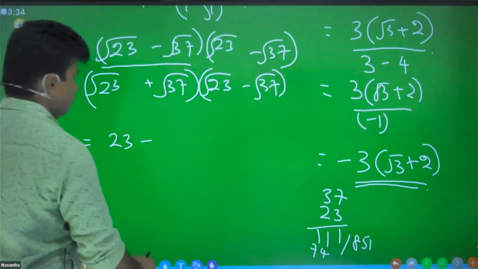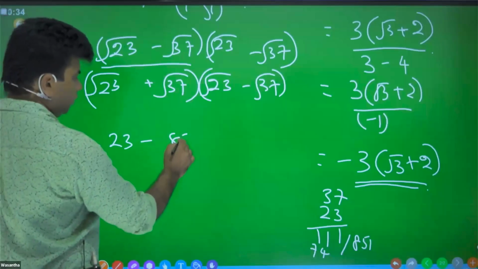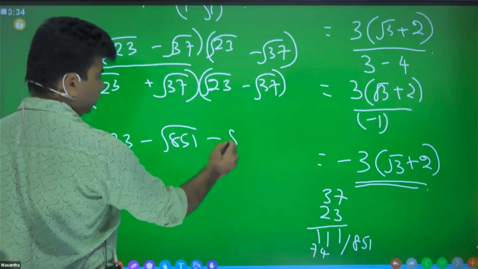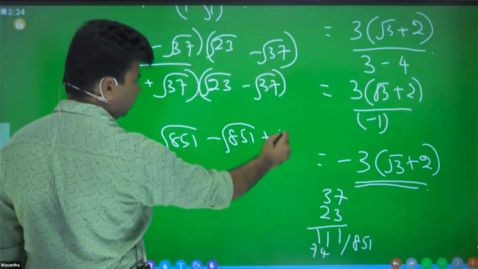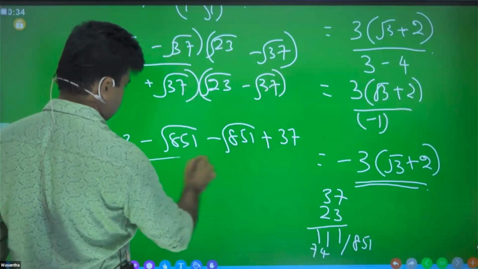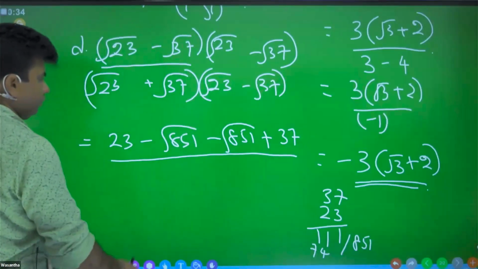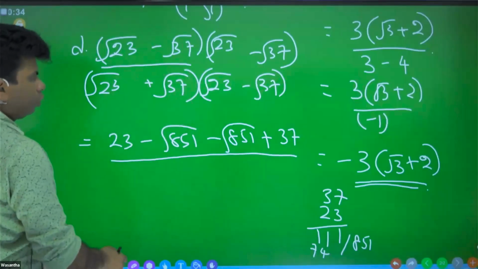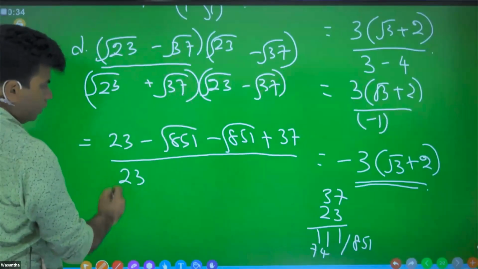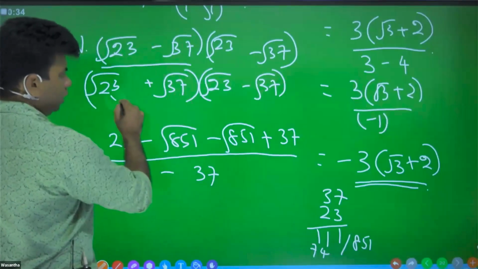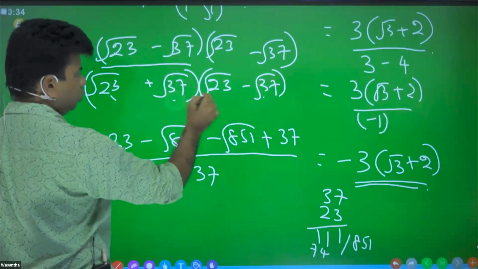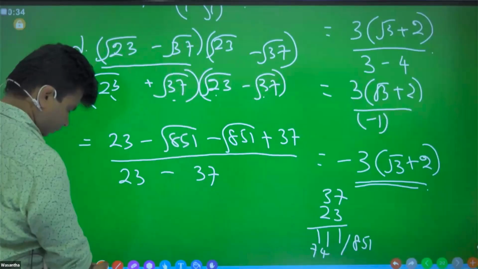That means root 851 and minus root 851 and plus 37. Divided by here, you know that root 23 into root 23 is just 23 and minus 37, because this into this and this into this are cancelled, right?